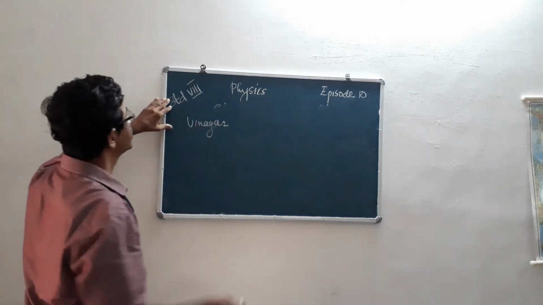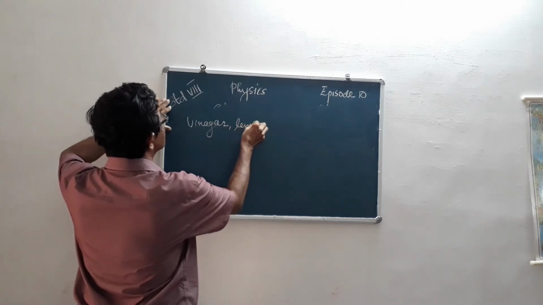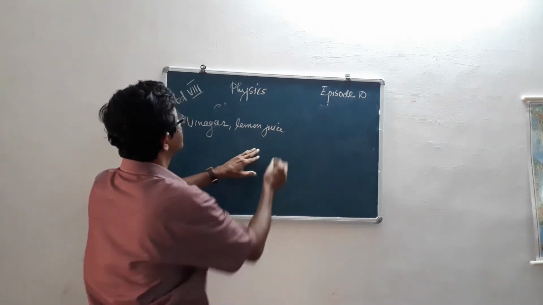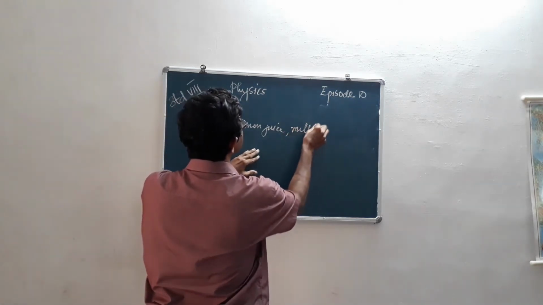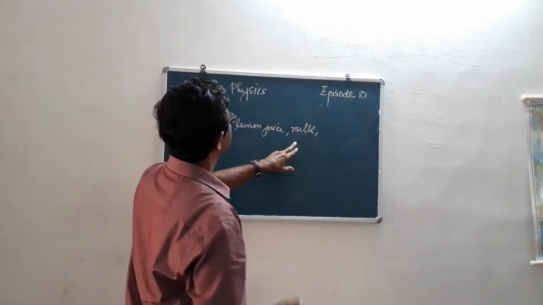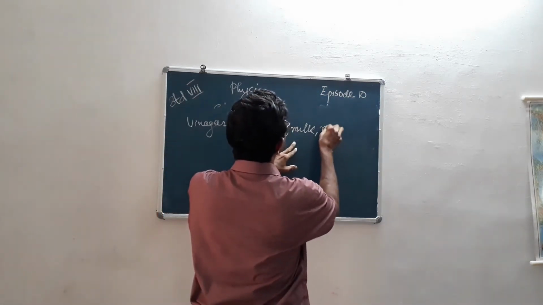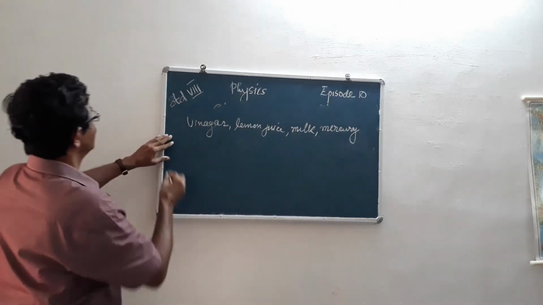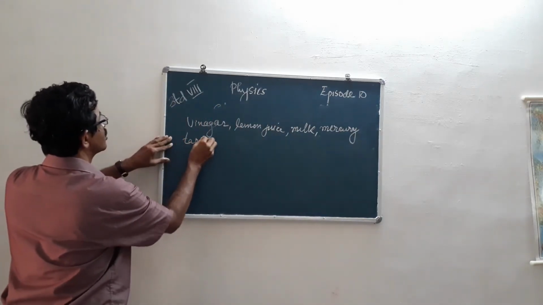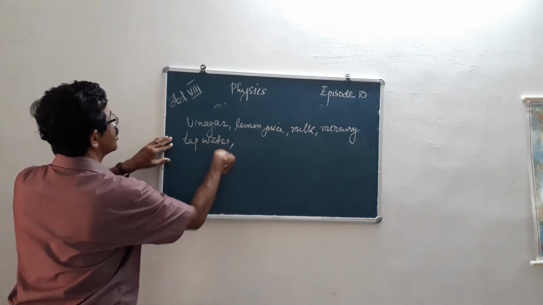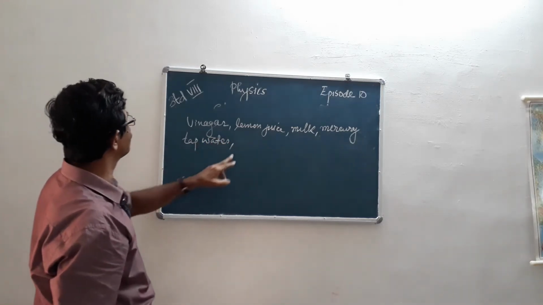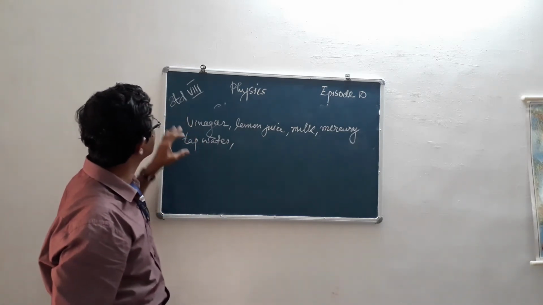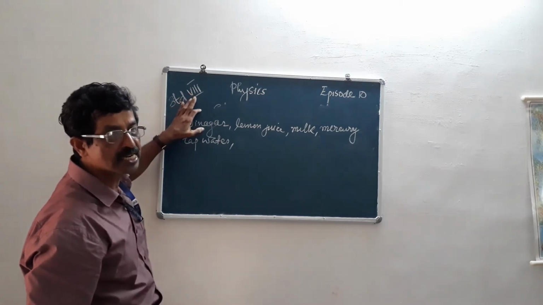Vinegar, then lemon juice, milk, then mercury, tap water, etc. These all conduct electricity, so we can say these are all good conductors of electricity.